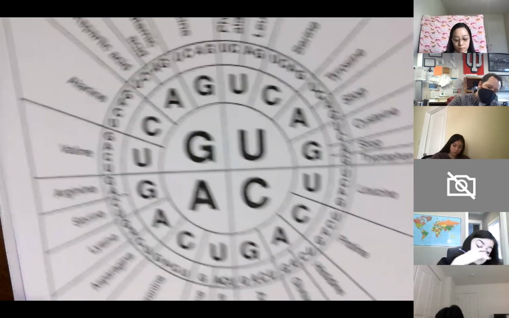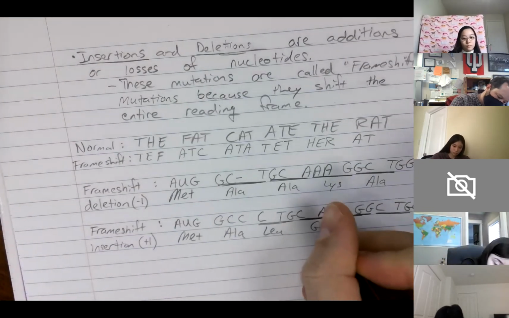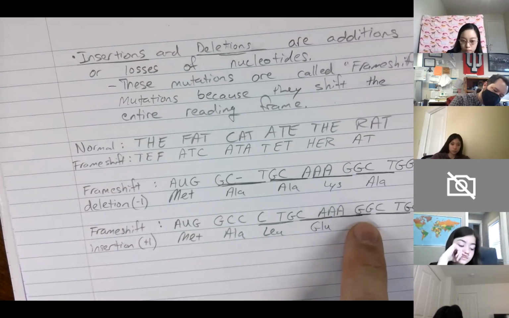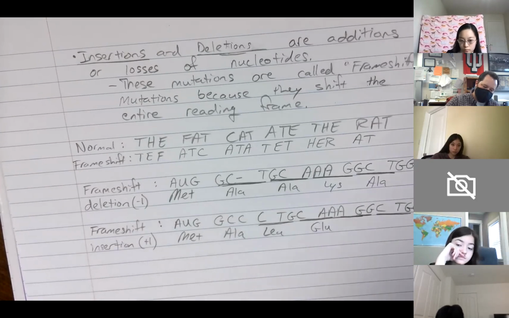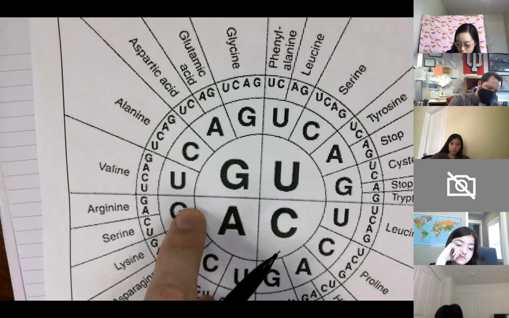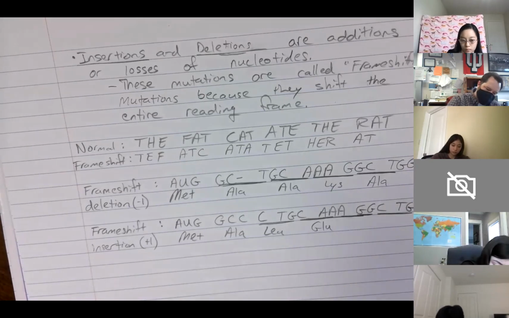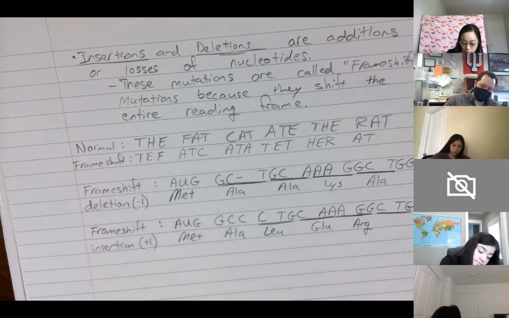CAA. Glutamine, GLU. AGG. Arginine. And CTG.